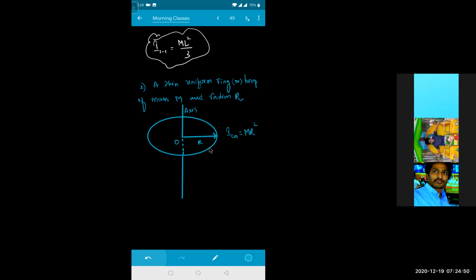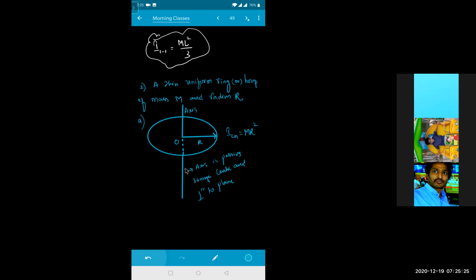So what is the condition right now? The axis is passing through the center. Number one, the axis is passing through the center, and number two, perpendicular to the plane. The axis is exactly passing through the center, not throughout the diameter.